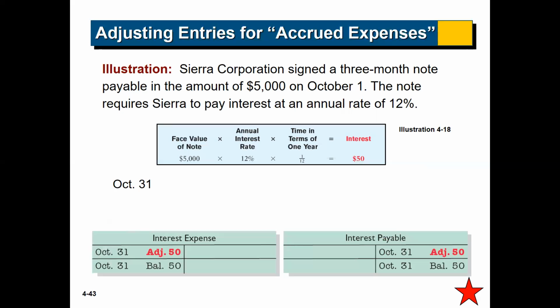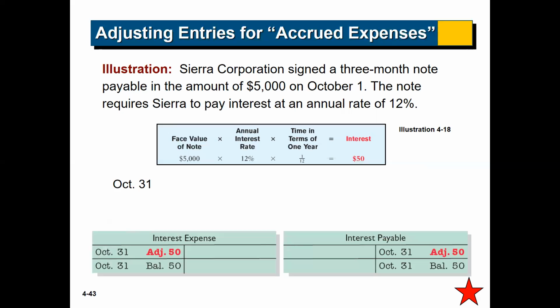If they tell you it's a 3-year note, it's still going to be 12 on the bottom for 12 months. So if it's a yearly note, like a 3-year note, 1-year note, 12-year note, it's going to be something over 12. If it's a monthly note, a 3-month note, a 10-month note, it's going to be something over 12, all right?